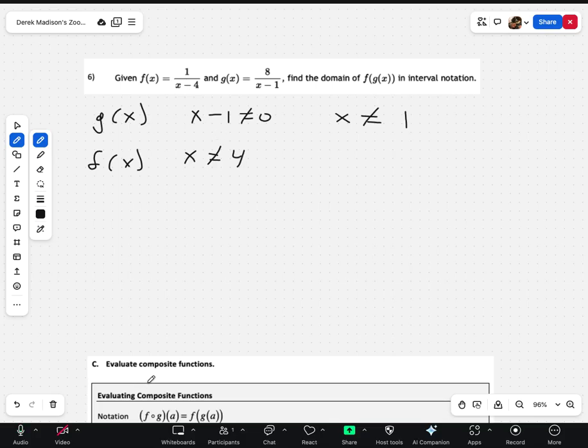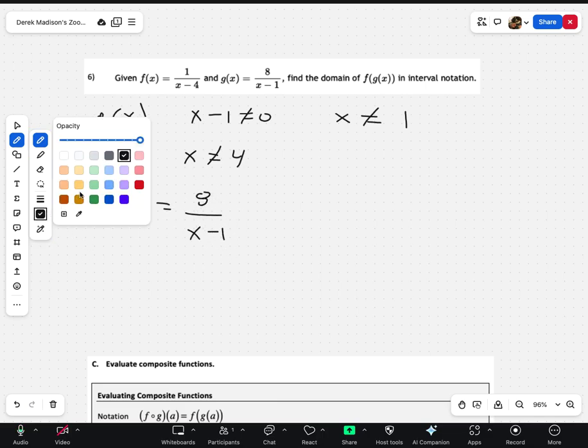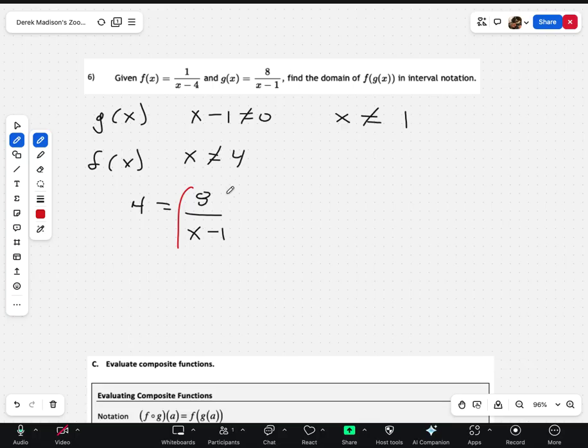And that may help a little bit when we see evaluating composites where we actually do that. But we need to not have g of x spit out a 4 because then 4 would mess up the denominator of f of x. So then we literally solve that. 4 equals 8 over x minus 1. Let's multiply both sides by x minus 1 to clear that fraction.